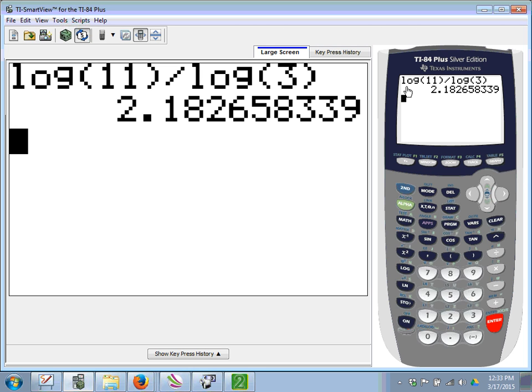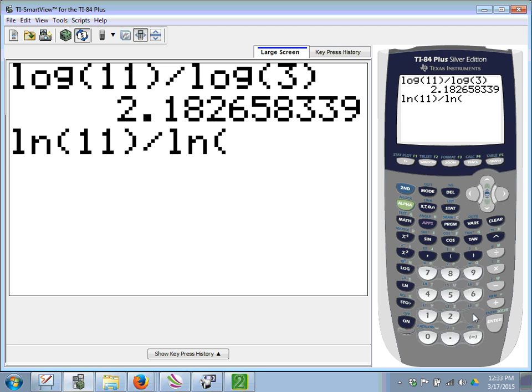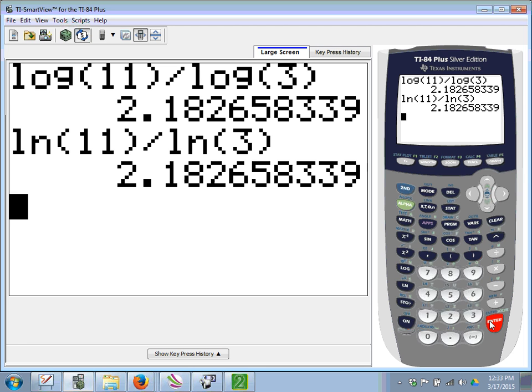And if for some reason you just don't like that LOG button, you can also use the natural log button if you're one of those naturalists. Natural log of 11 divided by the natural log of 3. What do we expect to get as an answer here? 2.18. Weird. Okay. That's called the change of base formula.